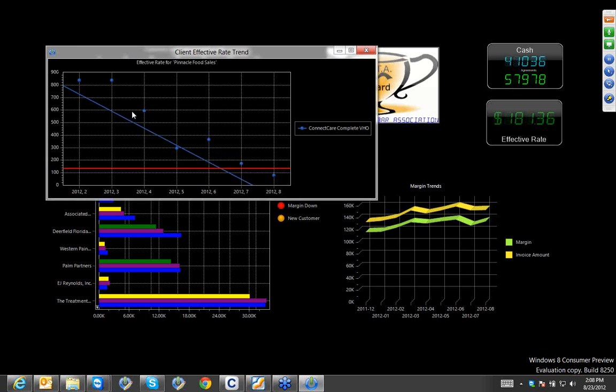And you can see that the trend line is dropping down. So there's been a lot more work going into this customer to bring them up to speed as far as where they really need to be. But I can see that at a glance, right where we are right now, and then what my average has been.